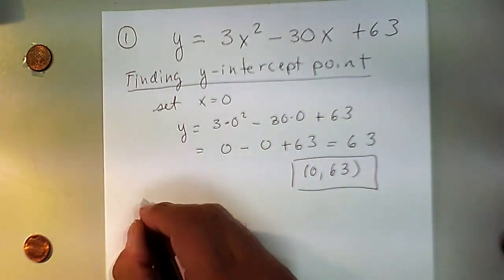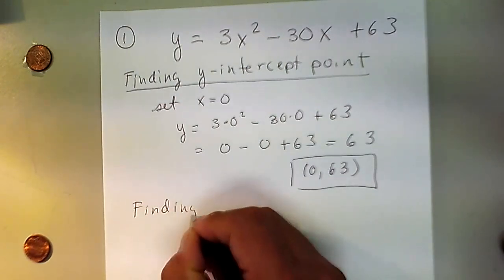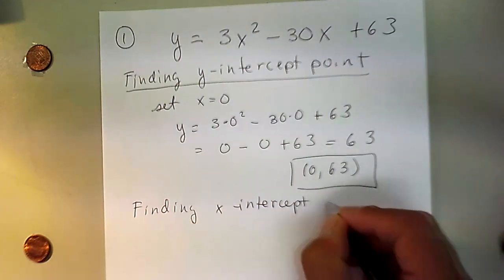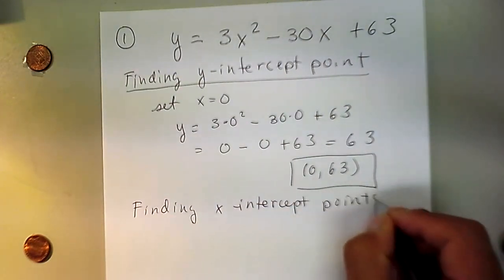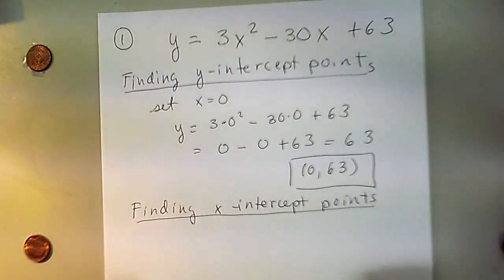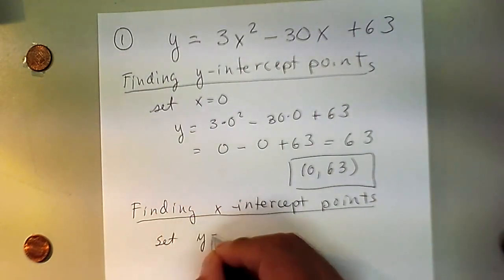Okay, now let's find the x-intercept points. Actually, in both of them, I should have put plural because we don't know whether we have 1 point or 2 points or none. We don't know. So set y equal to 0.